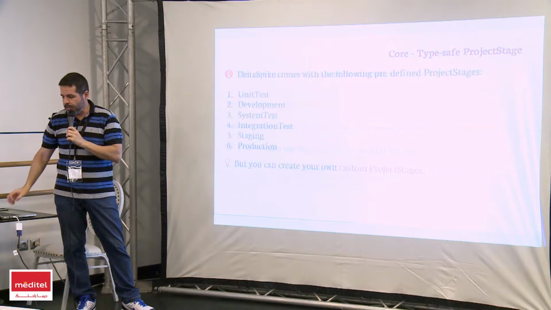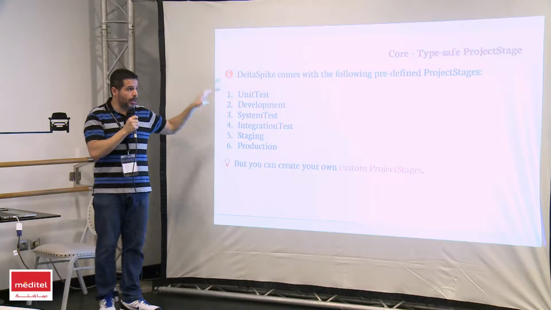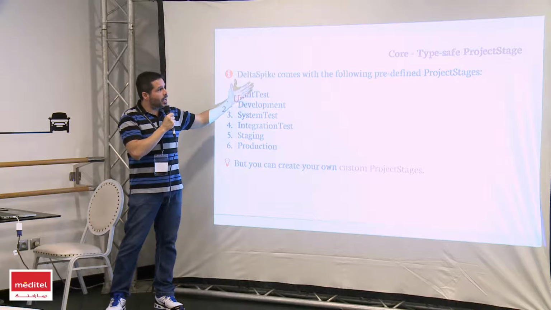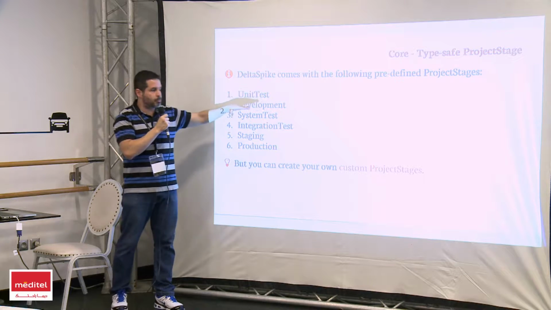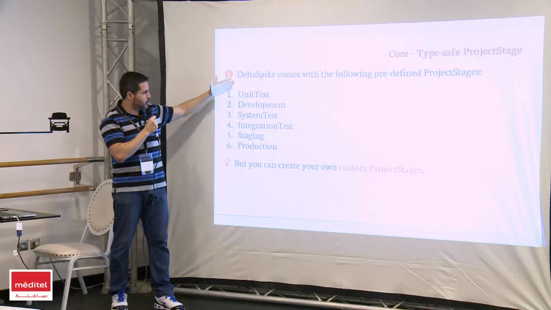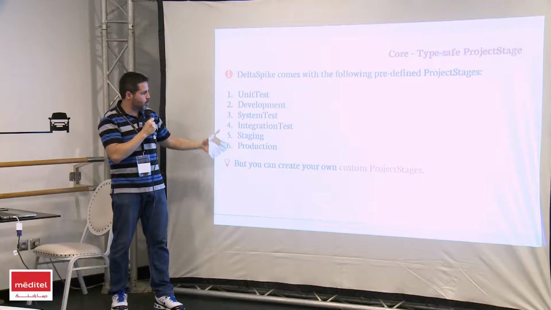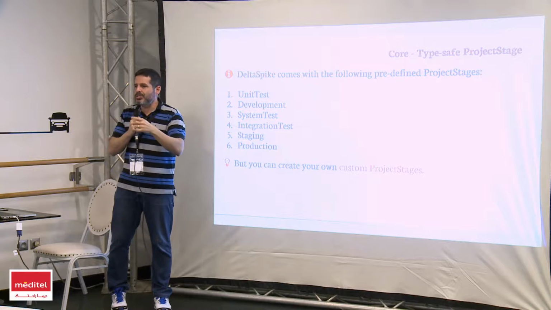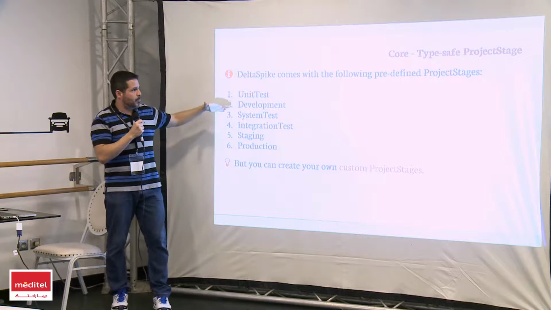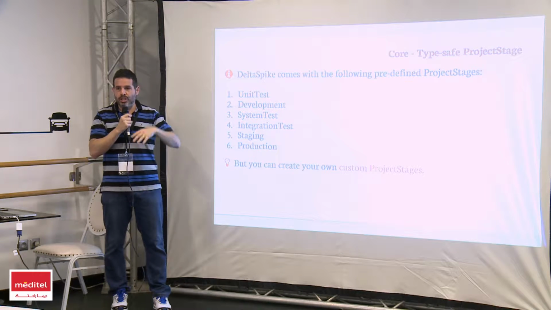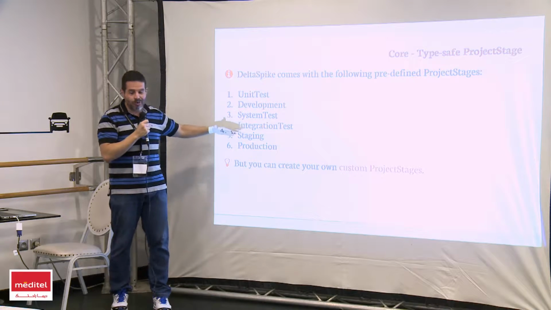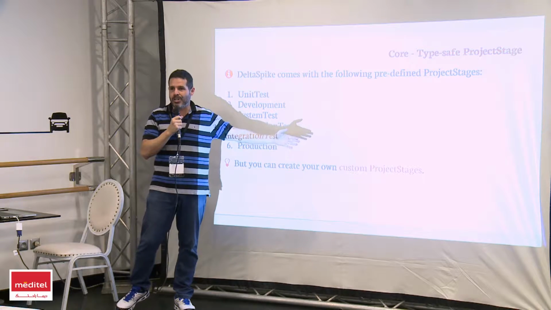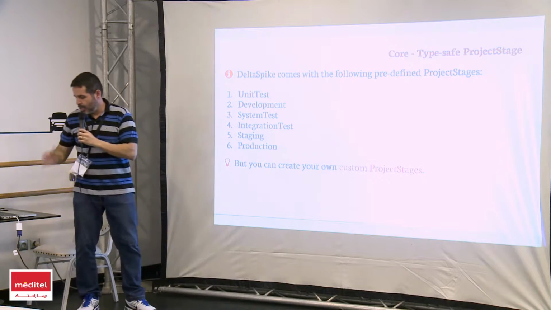But the question is, by the way, DeltaSpike comes with the following predefined project stages. It comes with unit test, development, system test, all of them that I talked about. But if your company uses a different project stage, an exotic project stage that's not covered here, you can create your own project stage. Okay?